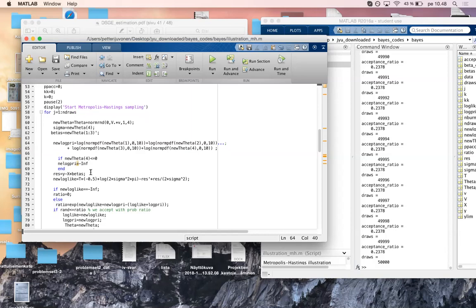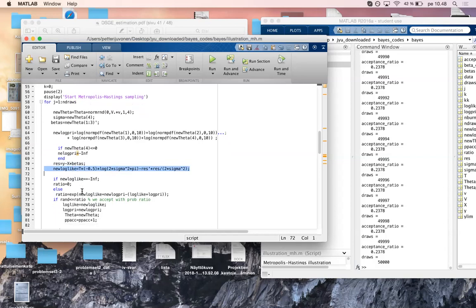Then we obtain regression residuals, once we have some betas simulated, and then we obtain the log likelihood function. And then we compare this log likelihood and log prior for the new parameter vector to the previous parameter vector ones.